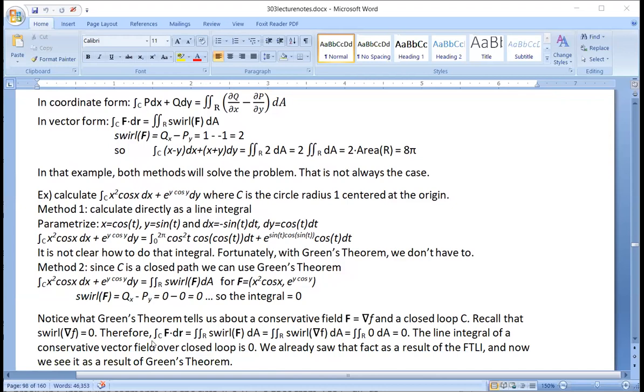So in words, what does that say? It says the line integral of a conservative vector field over a closed loop must be 0. Now, we already saw that. That was already a result of the fundamental theorem of line integrals, but now it's also a result of Green's theorem. They both tell us the same fact.